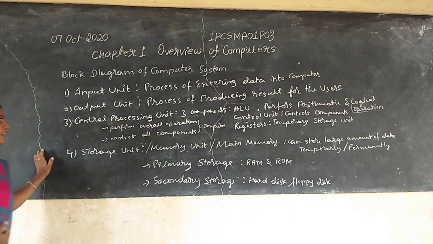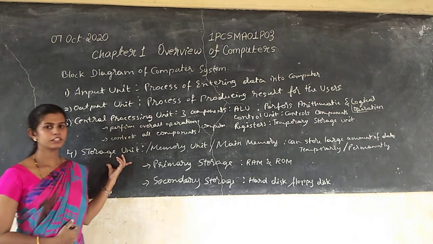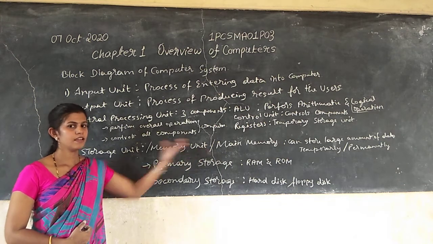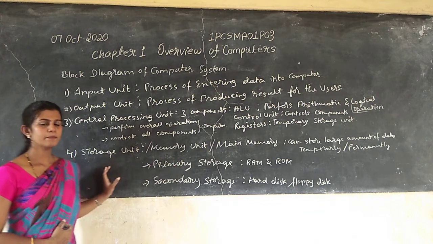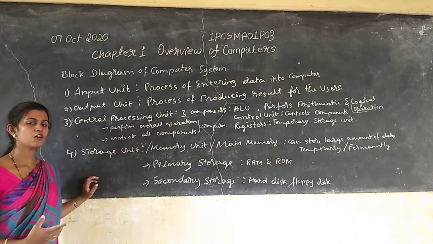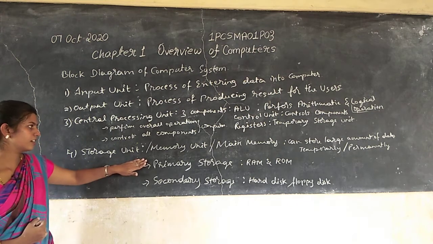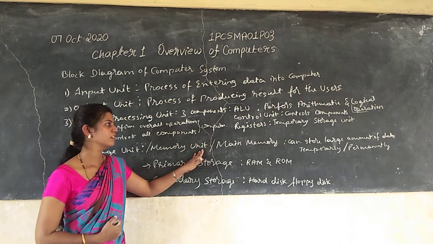The next is the storage unit. The storage unit of the computer is also known as the memory unit, where we can store our data and information temporarily or permanently.